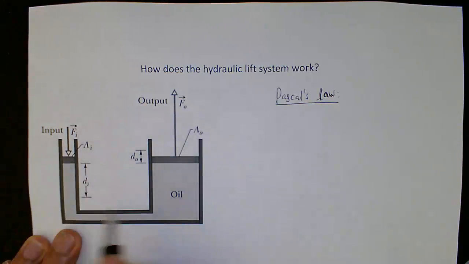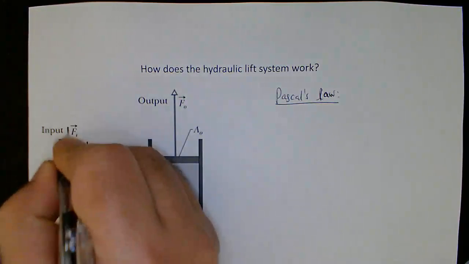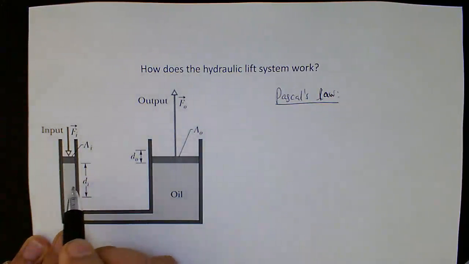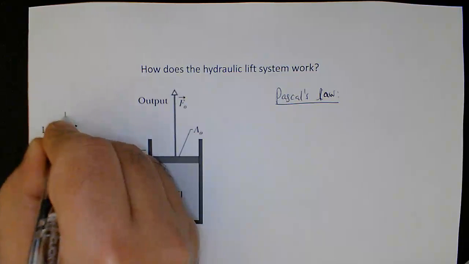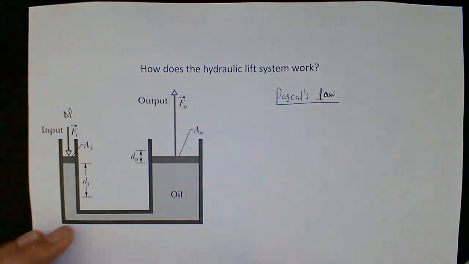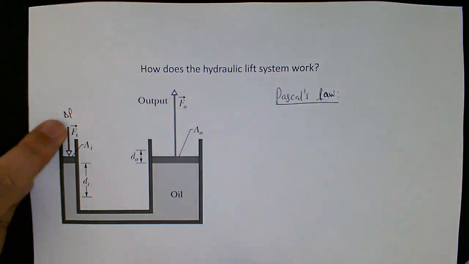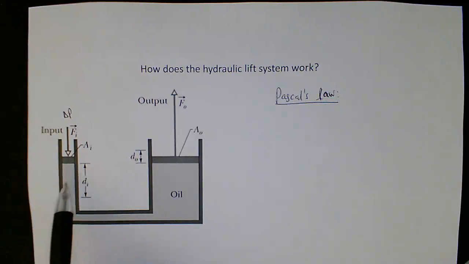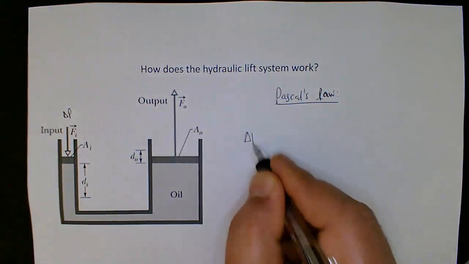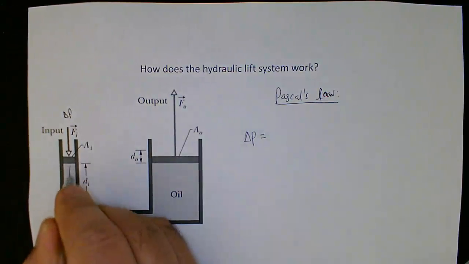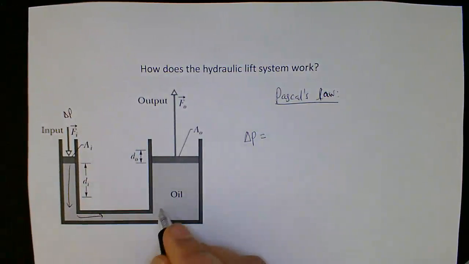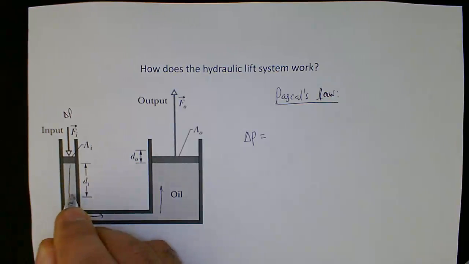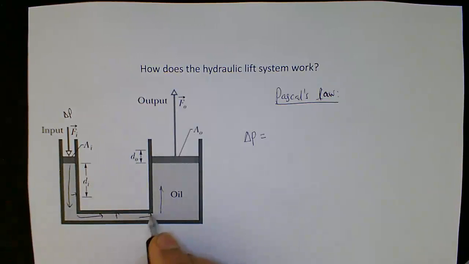So here you apply some force in this narrow tube, and it generates some delta p, say. It creates some change in pressure in this narrow tube, and that change in pressure will be equally transmitted in all directions.